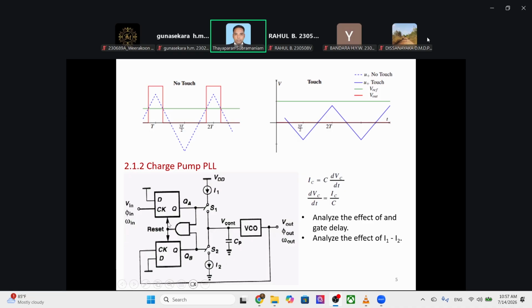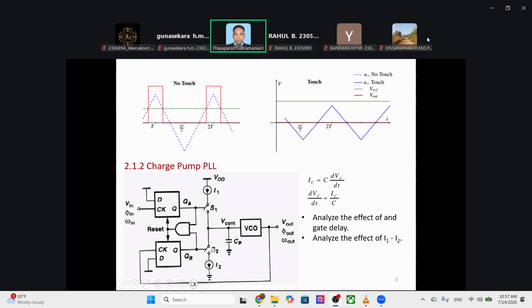So if QA and QB are both 1, that means both switches are closed. That means this current goes all the way down here, provided that I1 is equal to I2. That should be the case, I1 equals I2. Therefore, we need matching current sources. The same current should go through this.